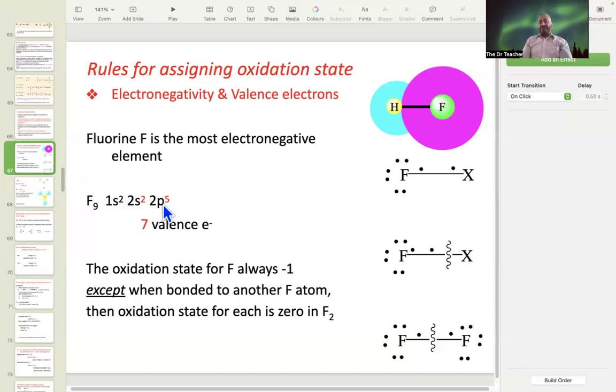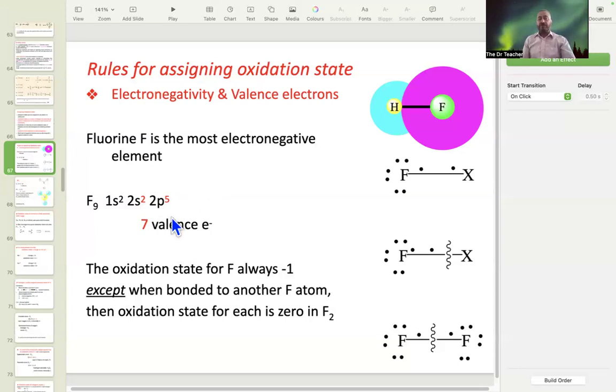So what does it need? P5 needs only 1 electron to be saturated, to be stable. So the fluorine always takes or gains 1 electron to fill the p orbital. So the p orbital after filling will become 6 electrons, and 2 from s will be 8 together. So 8 means very stable.